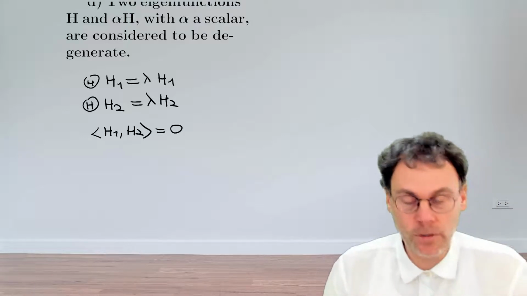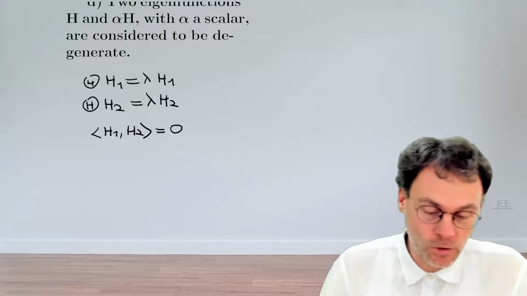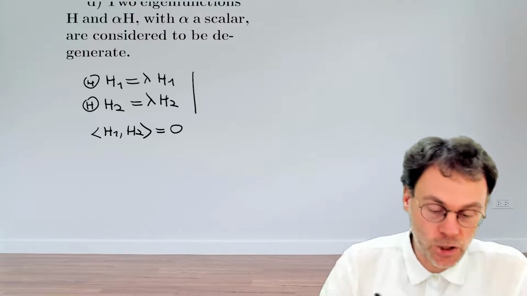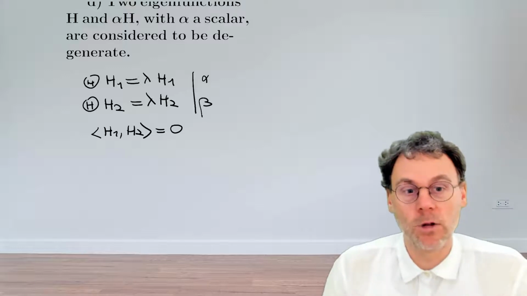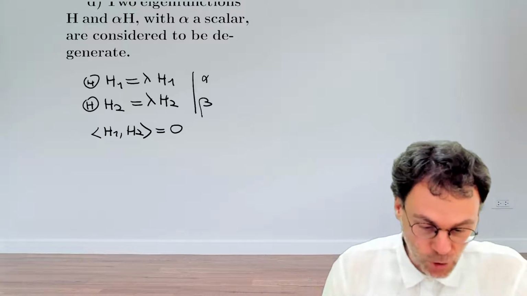So far, so good. But now what we can do is take the first equation, multiply that by alpha, and take the second equation, multiply that by beta, and then sum them up.